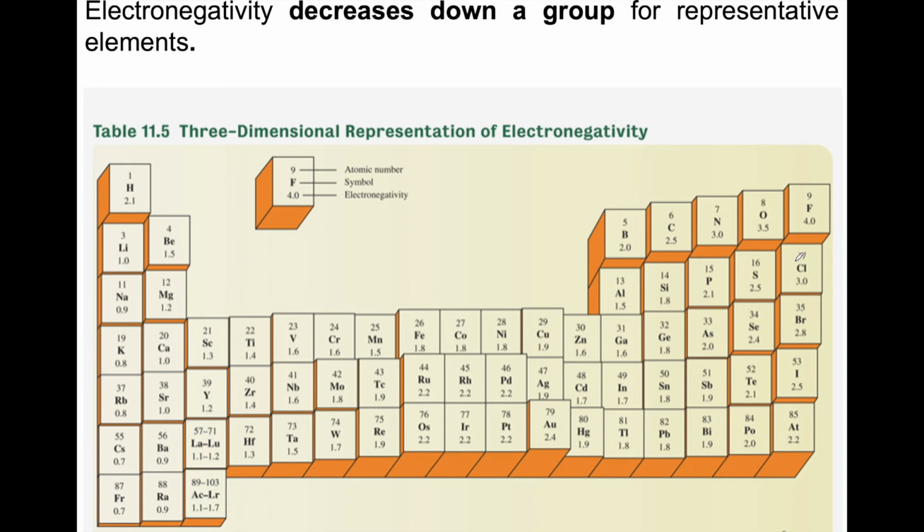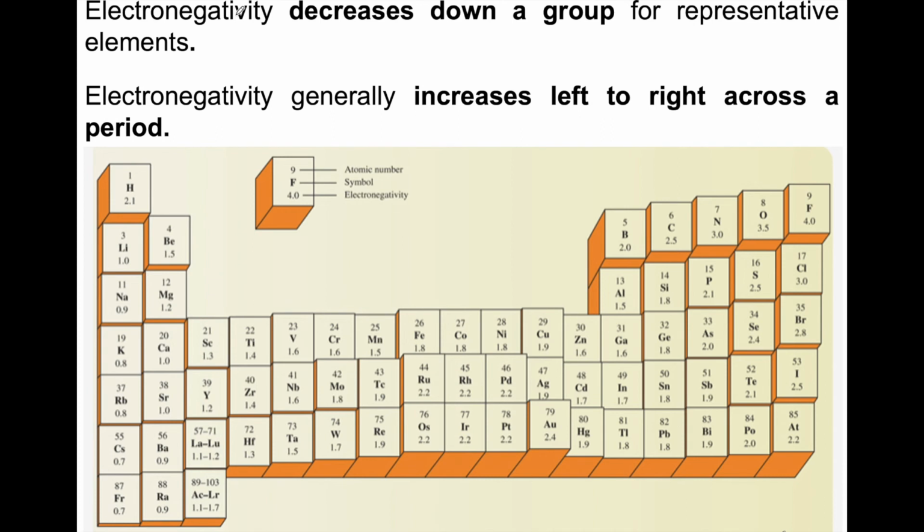Based on the trends here, we have two trends. The electronegativity decreases down the group from top to bottom, and the electronegativity generally increases from left to right across a period. Actually, this electronegativity is affected by the size of elements.